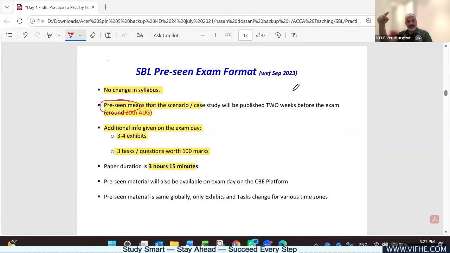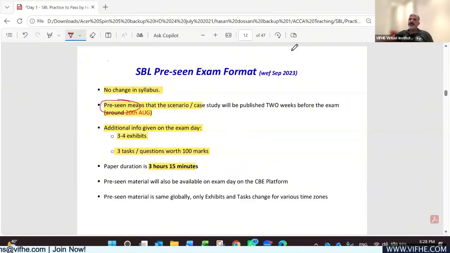The pre-seen will be the same, but the exhibits or the tasks might differ based on time zones. The task, the requirements, and the exhibits which are provided on the exam, so only the exam day information will vary according to the morning batch, afternoon batch, evening batch, so that students cannot cheat.